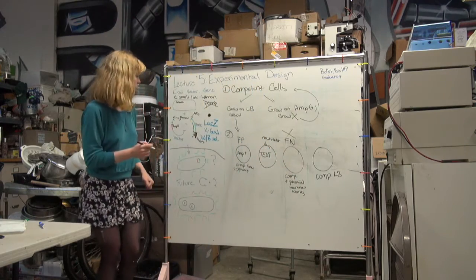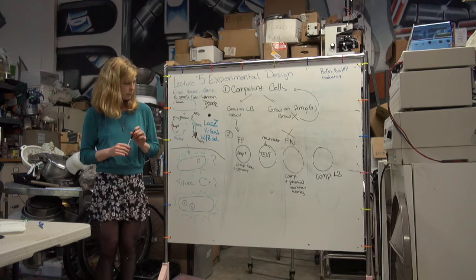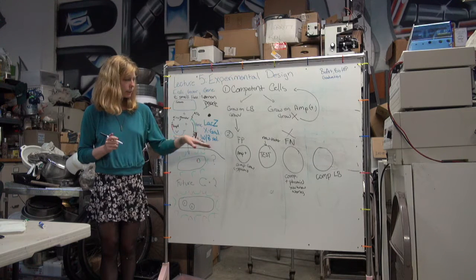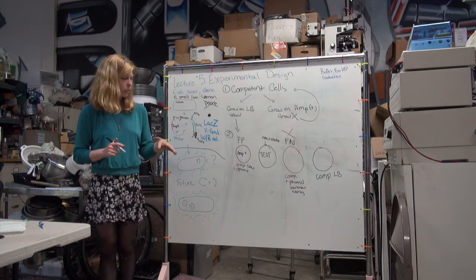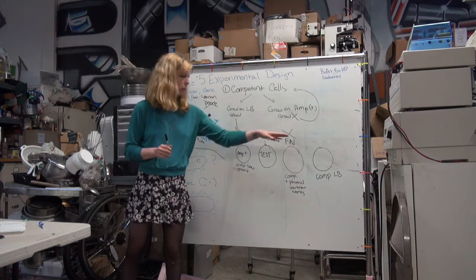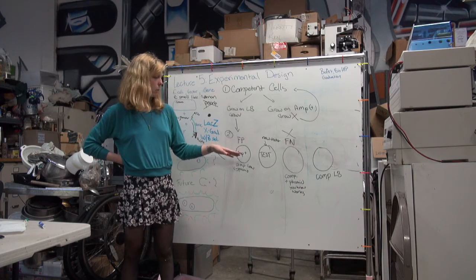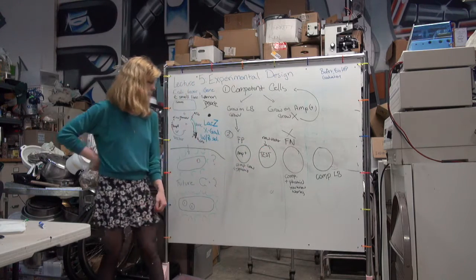Okay, so let's make sure our vector works, because we want to make sure that your competent cells didn't die in your experiment. All these cells get treated the exact same way. The only thing that differs is what the cells are plated on, and also what plasmid the cells receive, if any.